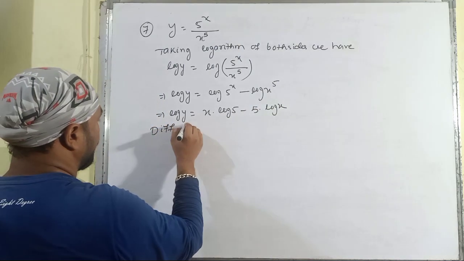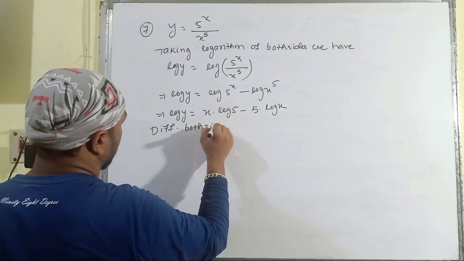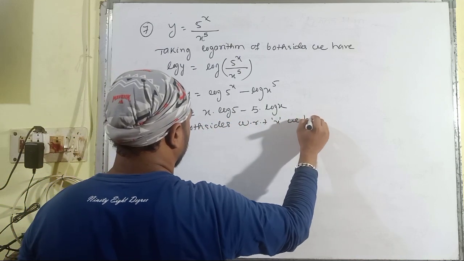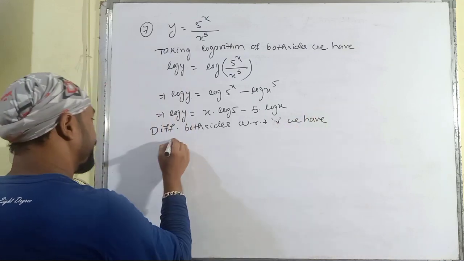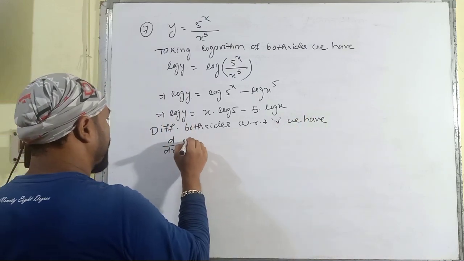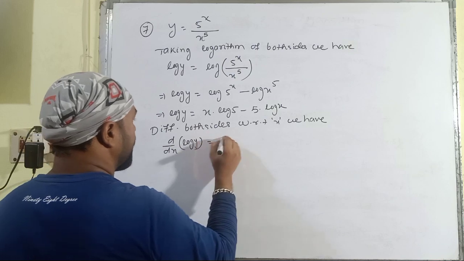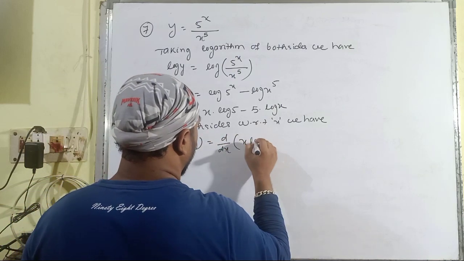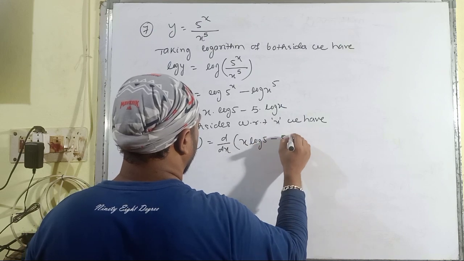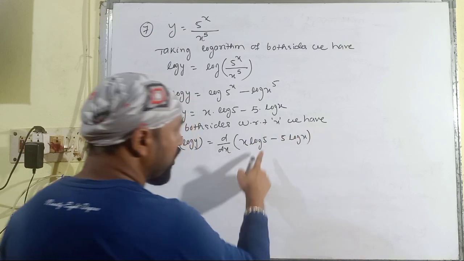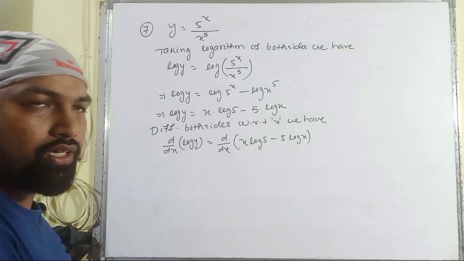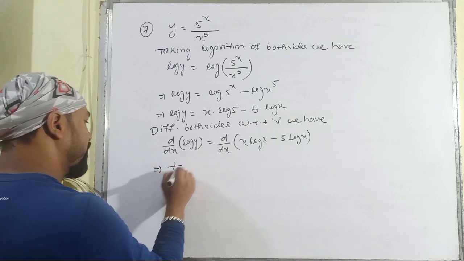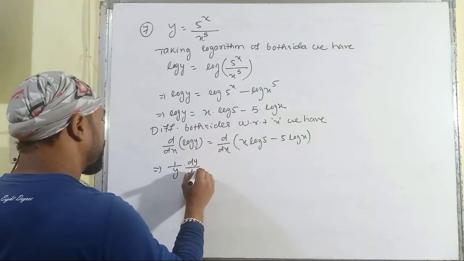Differentiating both sides with respect to x, we have differentiation of log y is equal to differentiation of x log 5 minus 5 log x. Here log 5 is a constant. It is without x term. So it will be 1 upon y differentiation of y with respect to x.